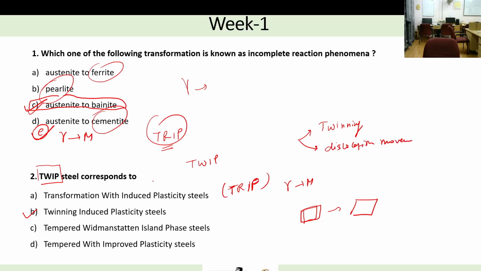So in this steel we induce the plasticity with the help of twinning. So this steel is nothing but austenite. The microstructure of this steel consists mainly of austenite only, and the twinning mode of plasticity will be the main highlight of this material.